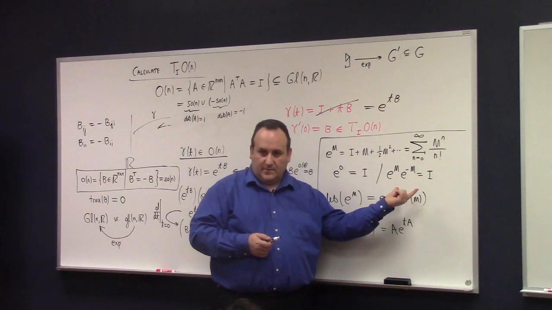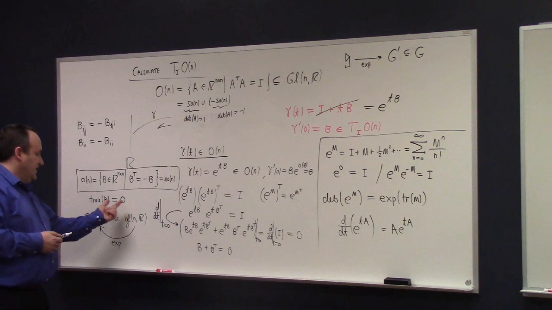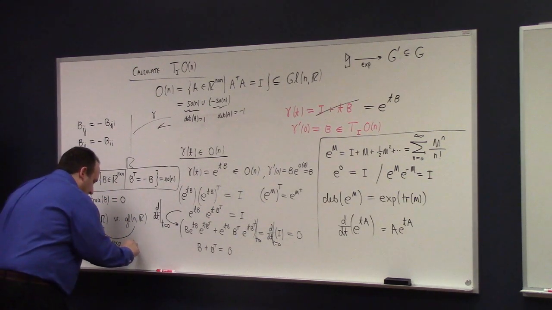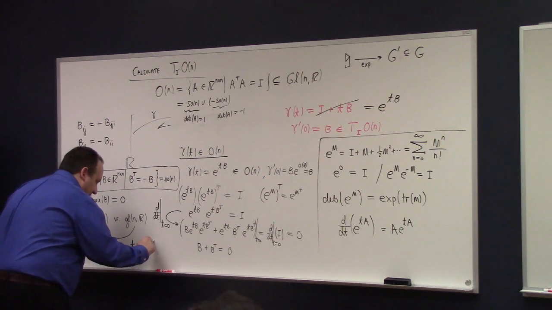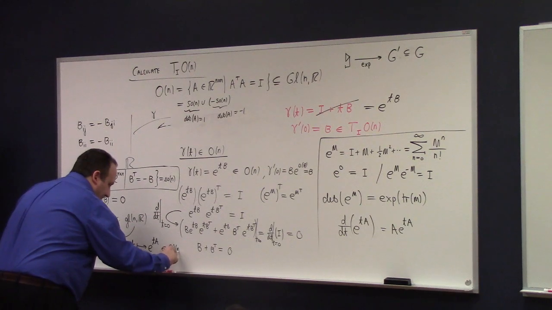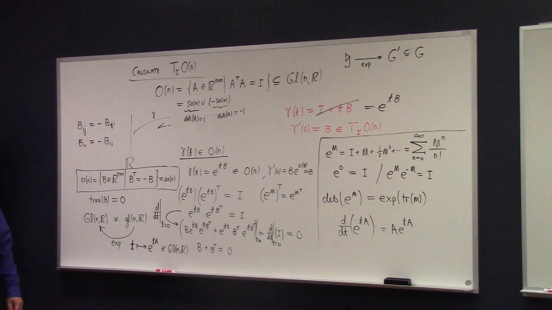So if you have a curve in GL_n, t maps to e^{tA} in big GL_n, it doesn't really put any kind of restriction on A whatsoever. A could be anything. That's why the Lie algebra of the general linear group is just n by n matrices with no restrictions.